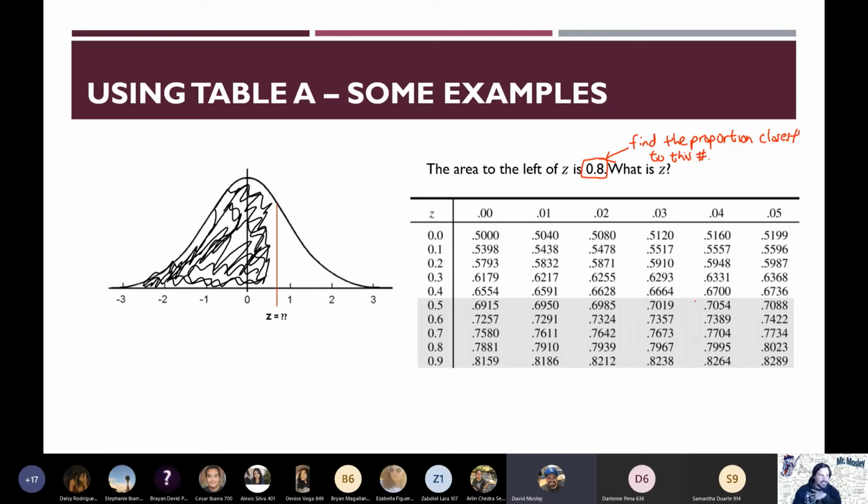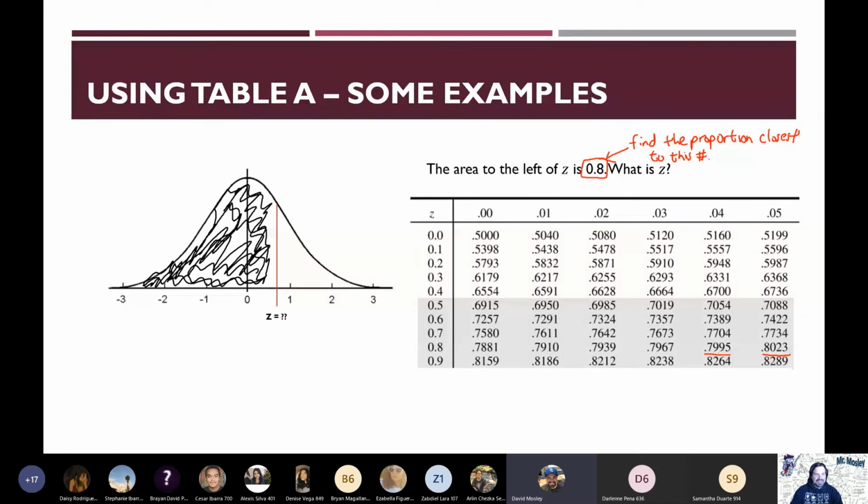And it's obviously not in this top part. It's going to be closer to this bottom section here. The last row is a little too high, right at 0.81. We have 0.8023, and we have 0.7995. These are the two closest numbers to 0.8. We want to go with whichever one is numerically closest, right? 0.8023 is 0.0023 greater than 0.8.